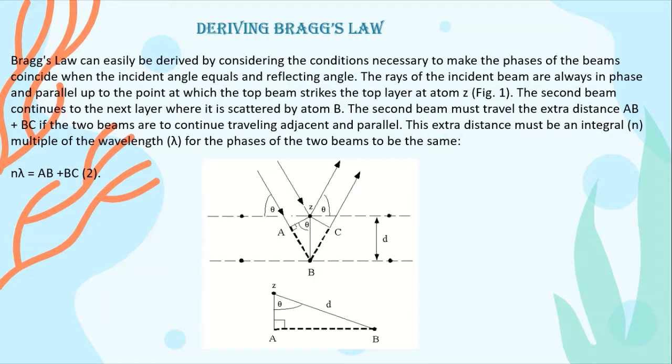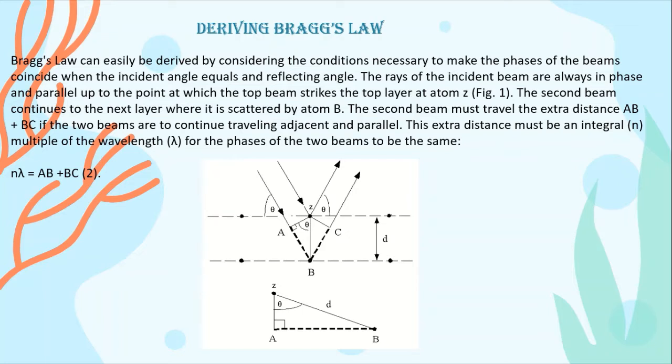Bragg's law can easily be derived by considering the conditions necessary to make the phases of the beams coincide, with the incident angle equal to the reflecting angle. The incident rays are always in phase and parallel up to the point at which the top beam strikes the top layer at atom Z. You can refer to the figure below.